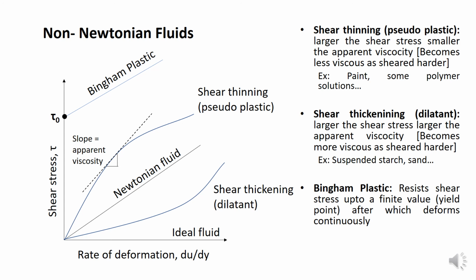This type of Bingham plastic resists the shear stress up to a finite value, then deforms continuously. So just go through this. This is very important for your university exam as well as for those who are applying for GATE. This topic is very important. An example of Bingham plastic is toothpaste.